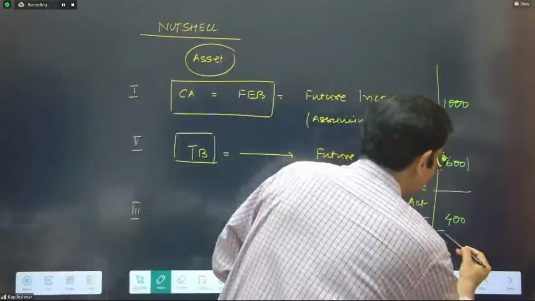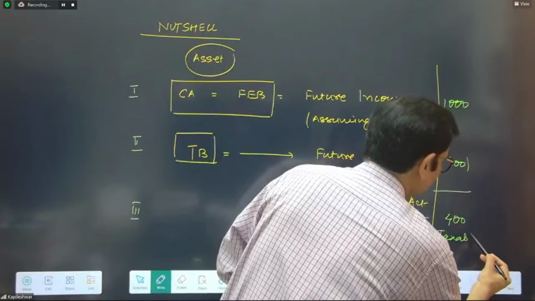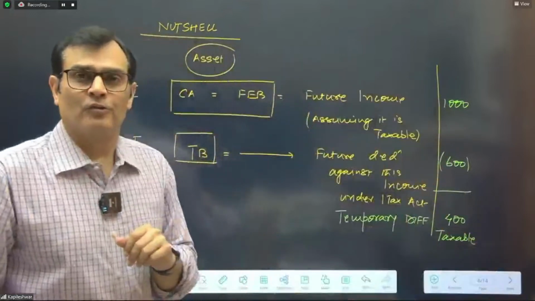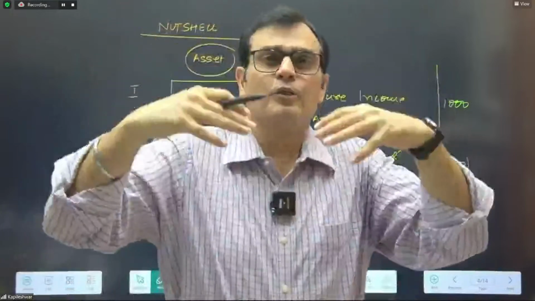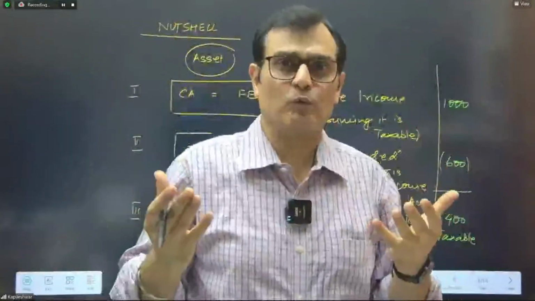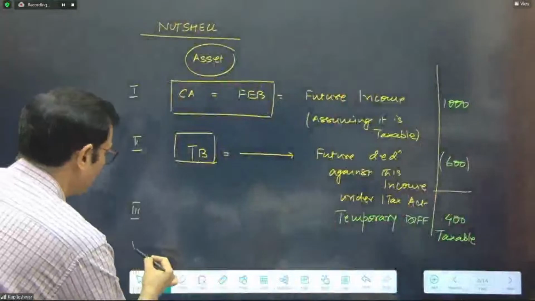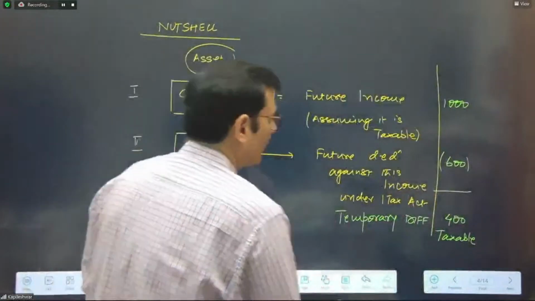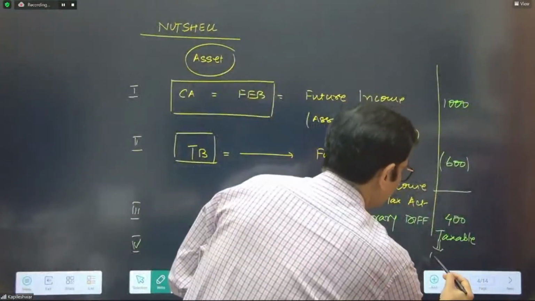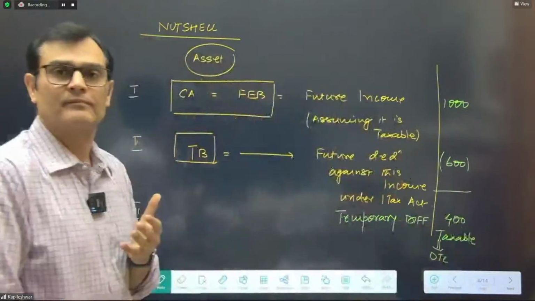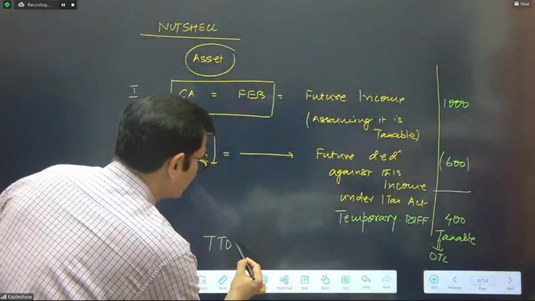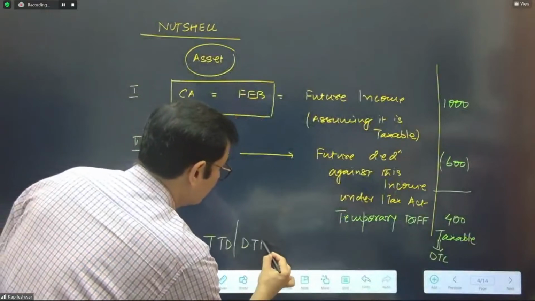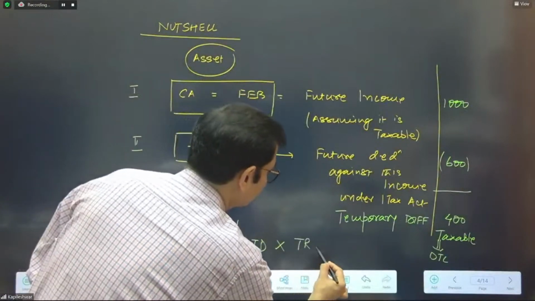So this is called a taxable temporary difference. Which means that if the net income will arise, you will pay tax. When you say you will pay tax, what does this mean? That you are now going to give rise to a deferred tax liability. Your step number 4 would be that the taxable temporary differences or the deductible temporary differences have to be multiplied with a tax rate.